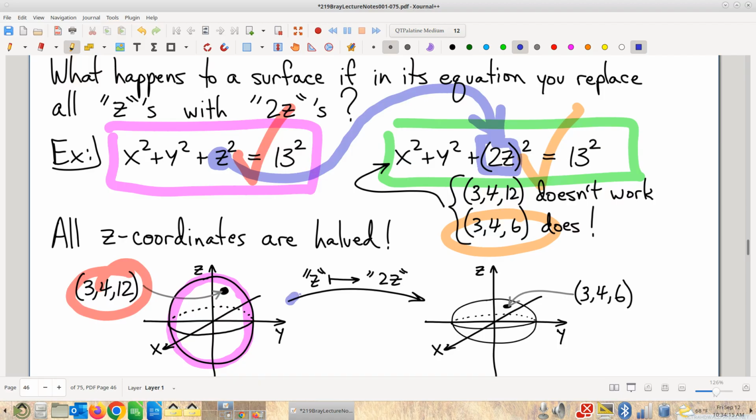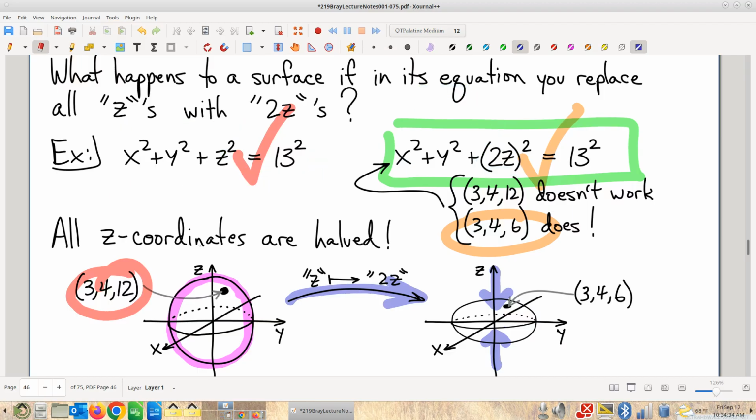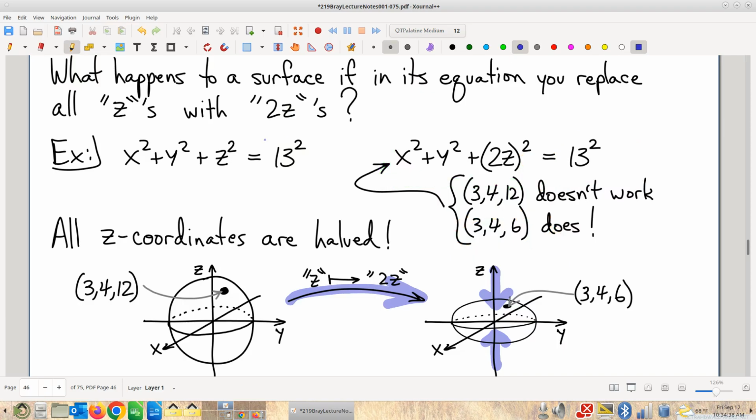When you do an algebraic tweak like this, the effect is that you squish in the z direction by a factor of 2. Everybody buy it? Okay. All right, so let me get rid of everything else here. So this algebraic tweak causes this geometric result.